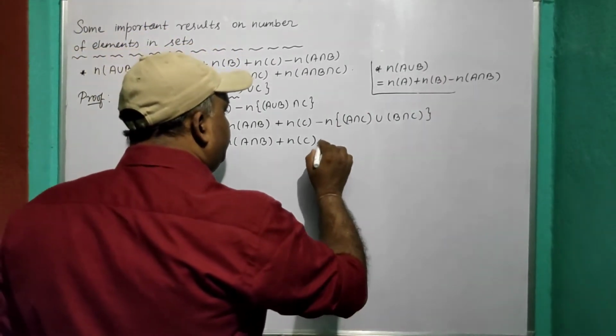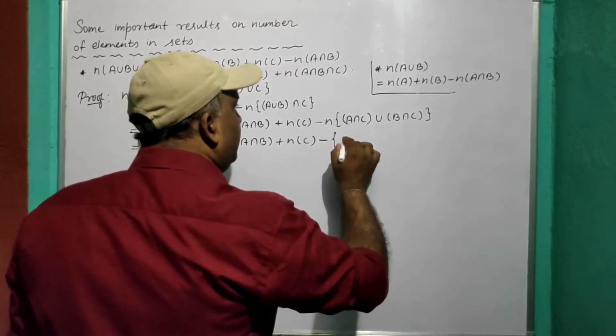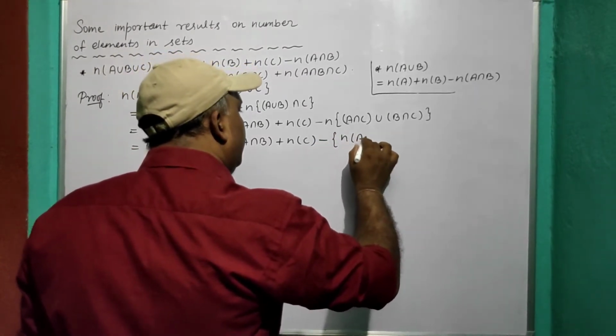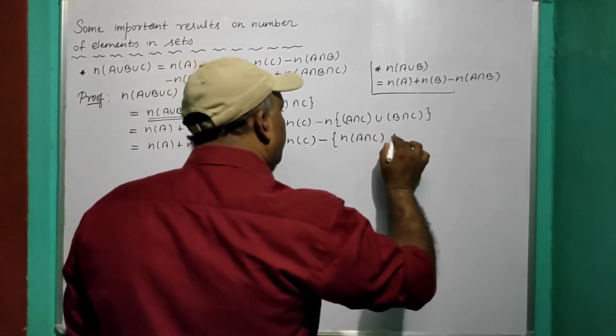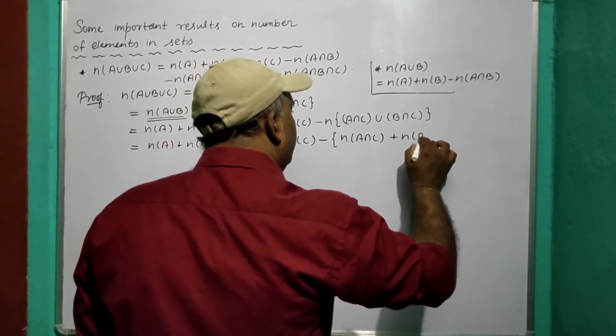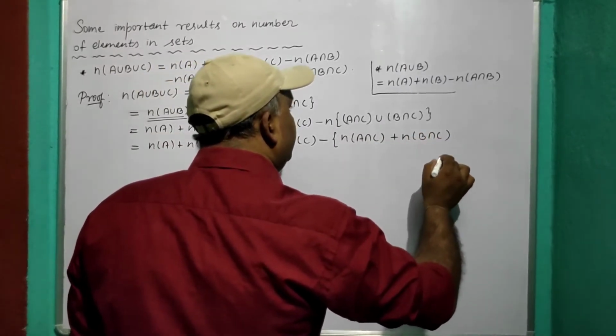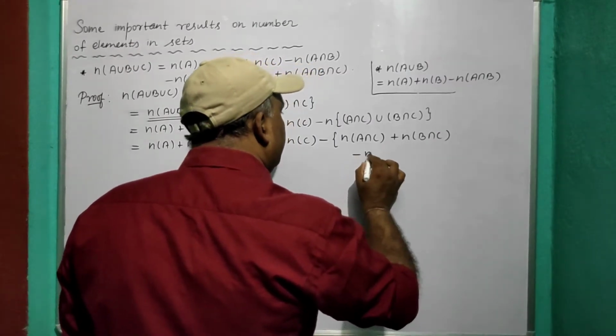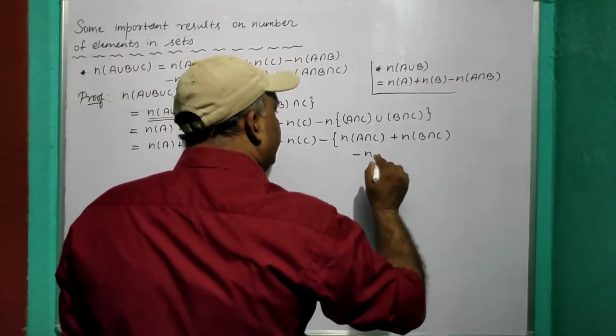Okay. So here you will write n(A intersection C) plus n(B intersection C) minus n of the intersection of both.